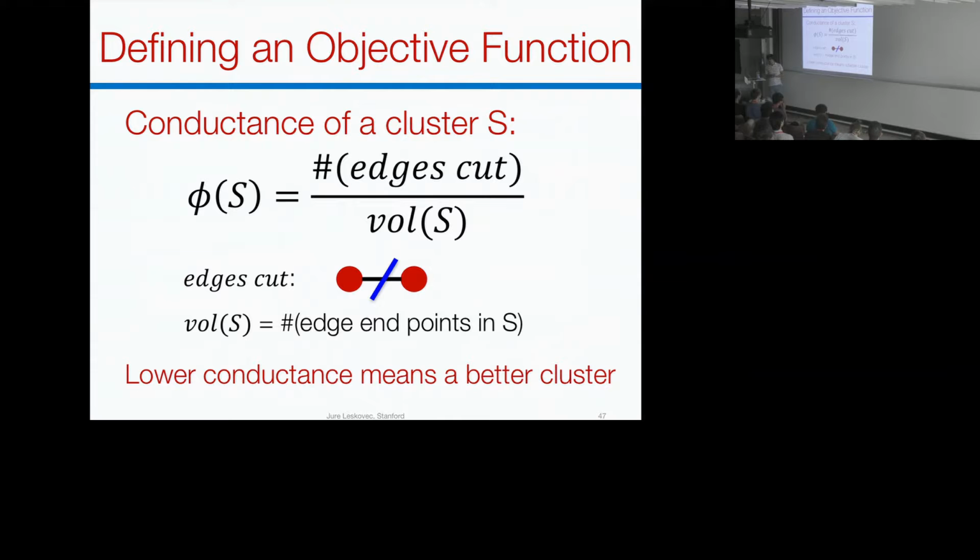And I also showed you this, where I said one way to define this is the notion of conductance, which is the number of edges cut divided by the volume. Okay, where the way we define volume is the number of edge endpoints in S, which is the sum of the degrees, right? And the sum of the degrees is really twice the number of edges inside, right?